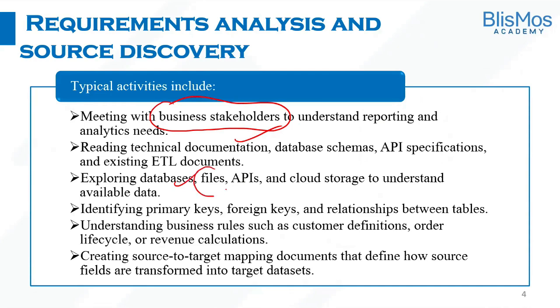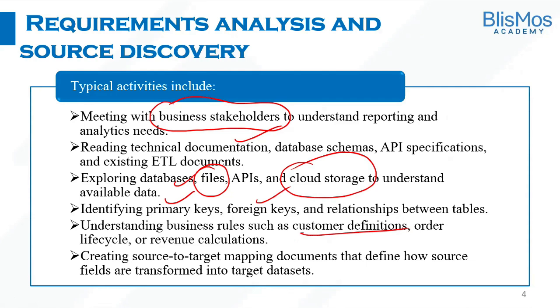If the sources are files, exploring the files also, and whether the storage is in cloud or on premises. Within the different tables, finding out which are the primary keys, foreign keys, and how the relationships are there between the different tables in a database. Understanding the business rules such as customer definitions, order lifecycle, revenue calculations.